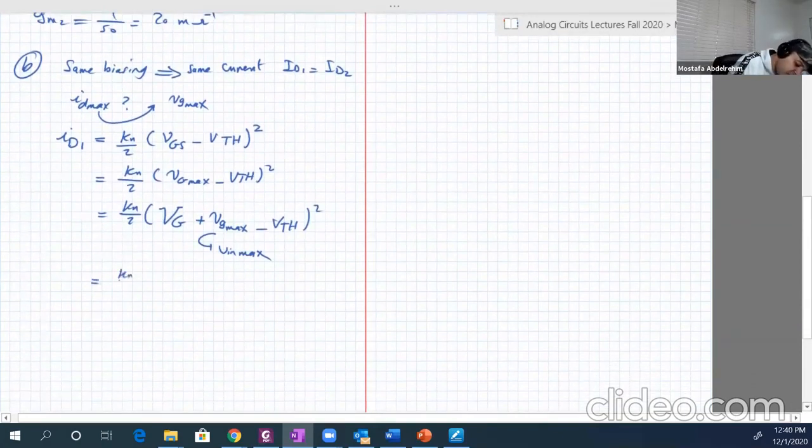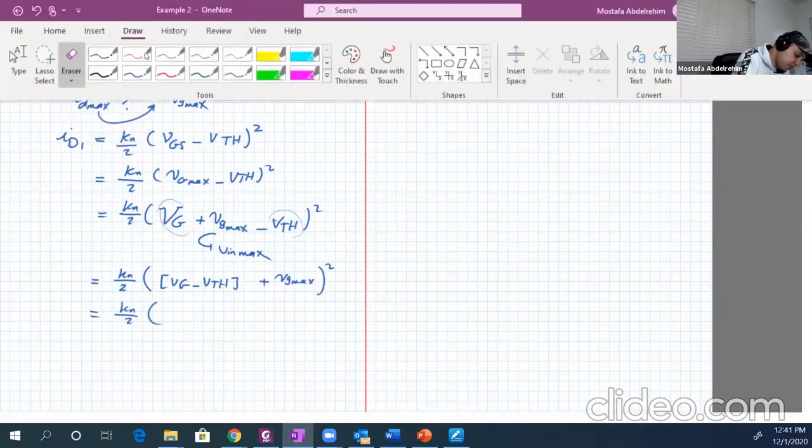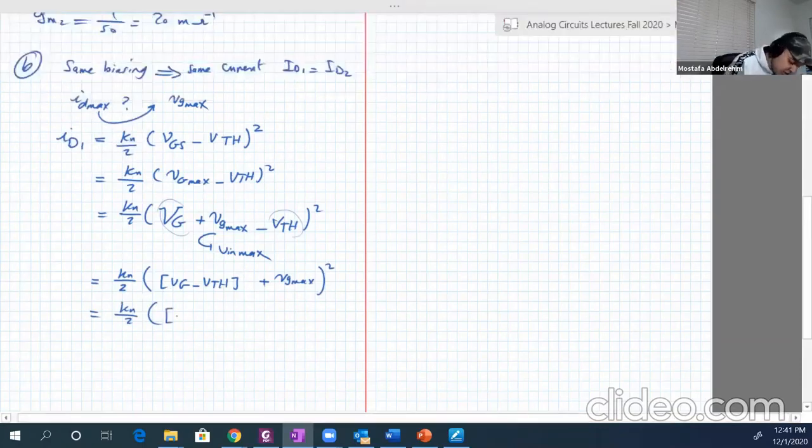Okay, this is equal to Kn over 2 again. And then I will take VG capital minus V threshold as one term, and add here vg max, all squared. Then I will make the squaring. So this is (VG minus V threshold) squared plus vg max squared plus 2 vg max (VG minus V threshold).